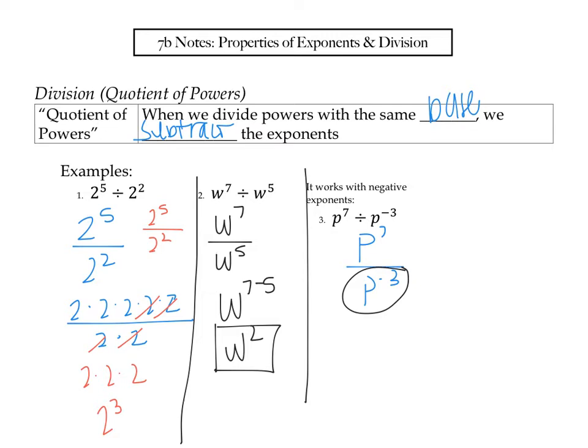So here, we're still following the same rule. So p to the 7th minus a negative 3. Minus a negative means we're going to add. So this would just be p to the 7th plus 3, which is p to the 10th. If I moved those other p's up top, we just say we're moving these 3 up to the top, that'd be 7 and another 3, so then I'd have 10. So p to the 10th is your final answer for that.